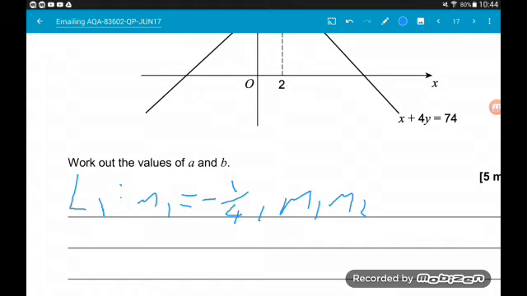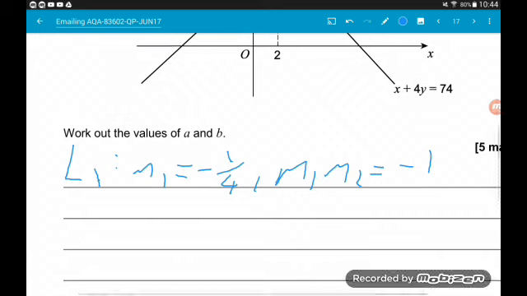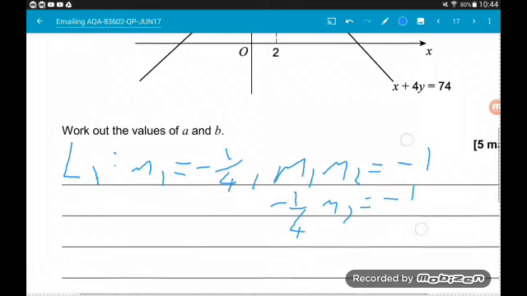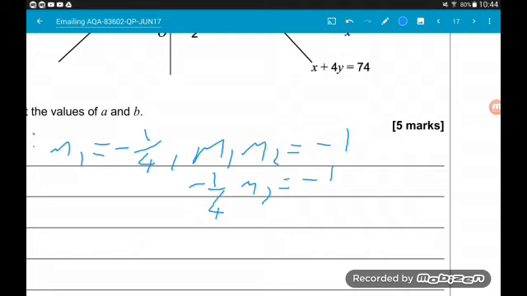We know m1 m2 is minus 1. Now we know m1 is minus 1/4, so minus 1/4 times m2 is minus 1. So to get the gradient of our second line, we divide -1 by -1/4, which gives us positive 4.